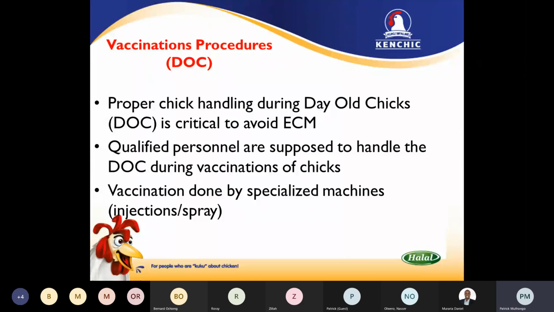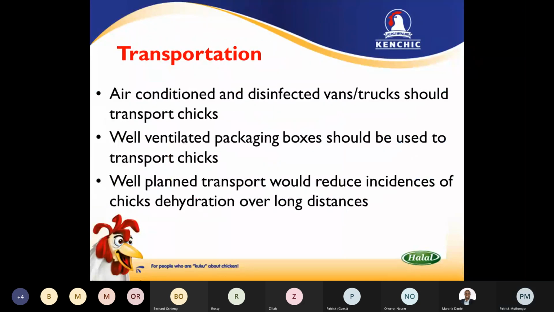Also, the vaccination is not done manually, but with specialized machines, because at the hatchery you're handling kifaranga wengi, maybe thousands, millions of chicks. So normally they use a fine spray and injections that are very safe for the bird.